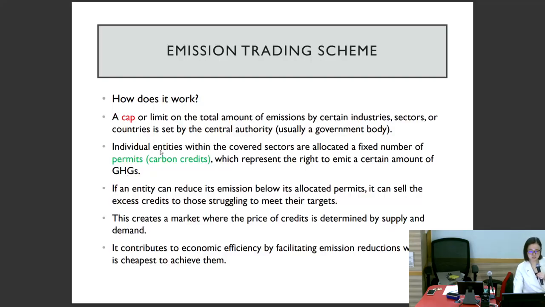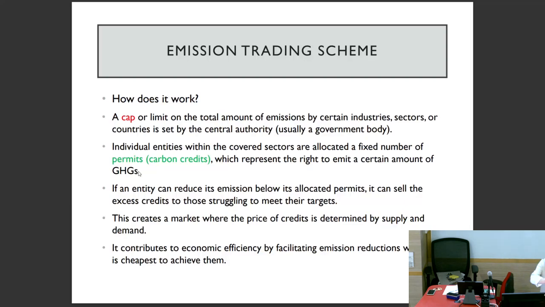Individual entities, so companies and organizations within the covered sector, are allocated a fixed number of permits, like carbon credits, and each permit, each carbon credit, will represent the right to emit a certain amount of greenhouse gas.